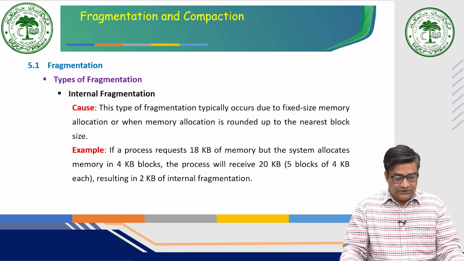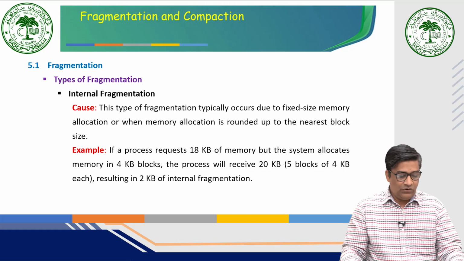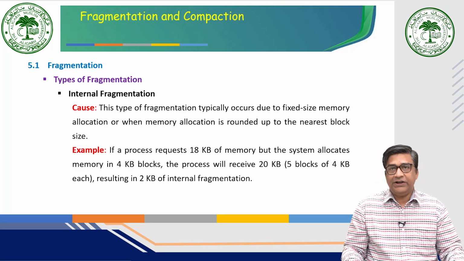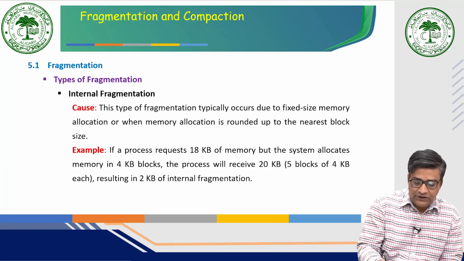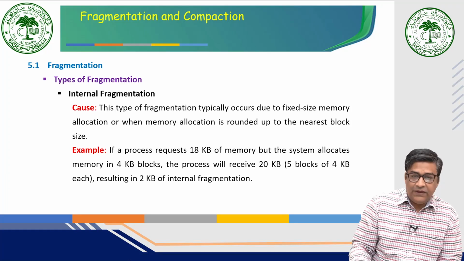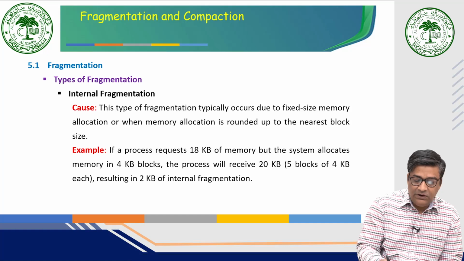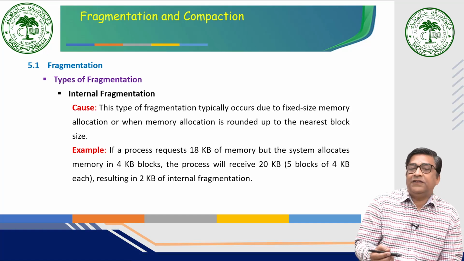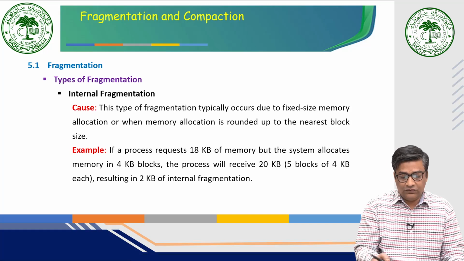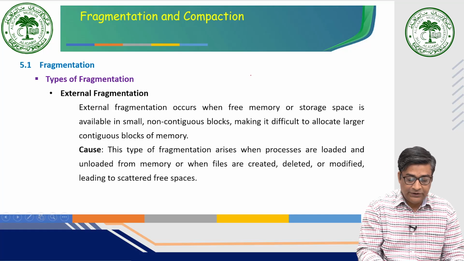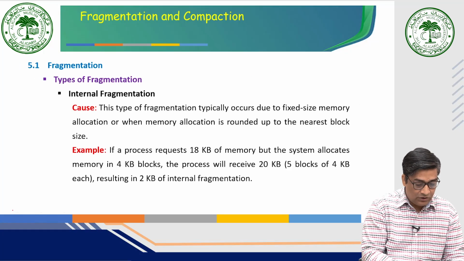Let's take an example to understand the concept of fragmentation. Suppose there is a process and this process requests 18 KB of memory, but the system allocates memory in 4 KB blocks.